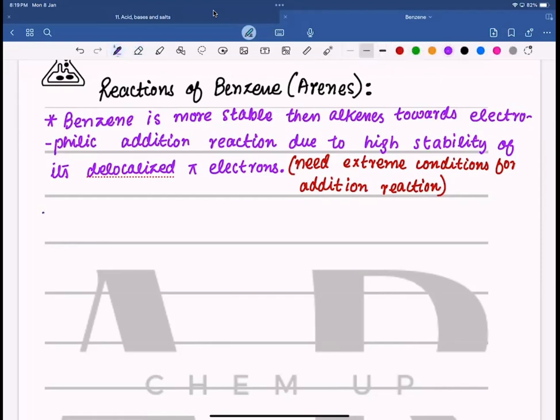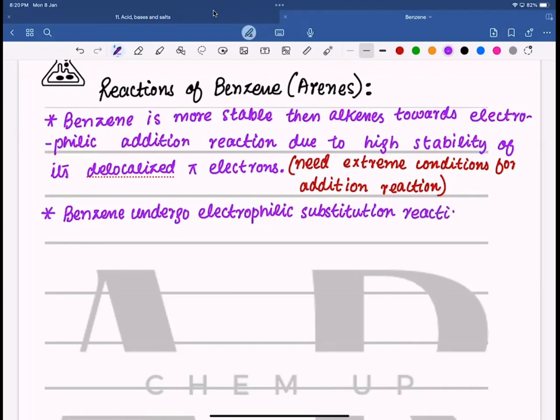So the usual reactions which benzene can normally undergo are electrophilic substitution reactions readily.